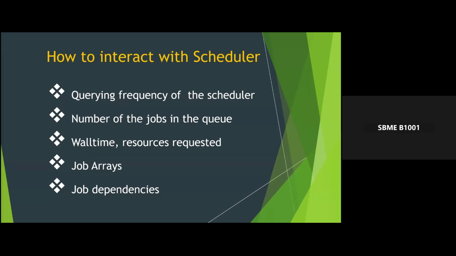Talking about the wall time and the resources requested. For wall time, it's a good practice to exaggerate a little bit, but don't exaggerate too much. 30% is a good value. So if I am running 1 day, ask for 30 hours, give 6 hours extra, right?